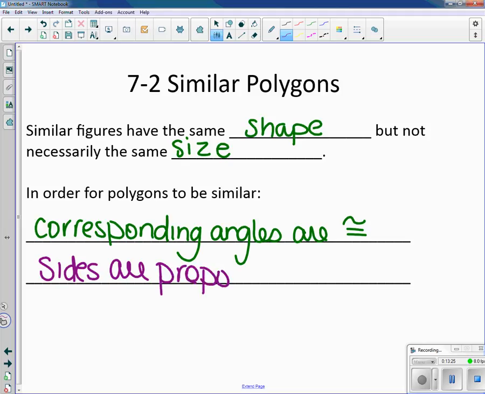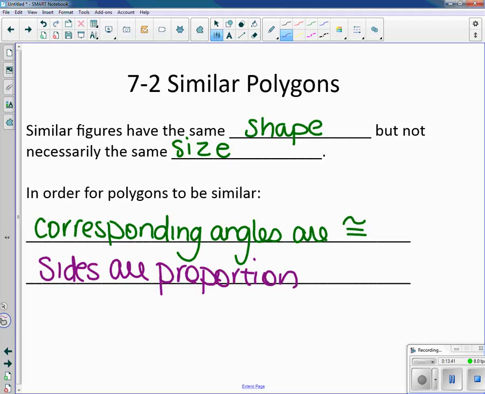Now, do y'all remember the congruent statement? We could put the sides equal to each other. We can't put a side equal to each other here. We have to do a proportion.